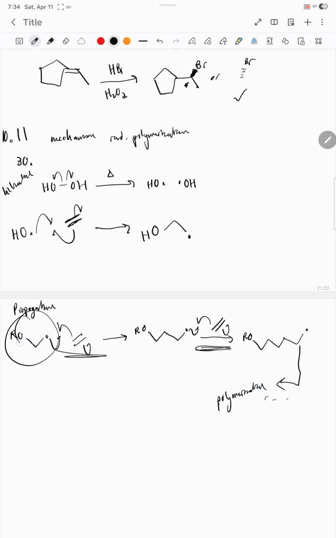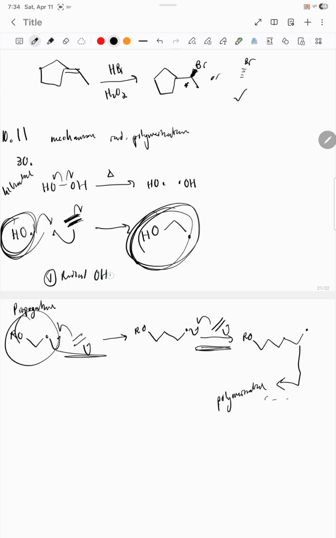Well, we started off with an alkene and a peroxide that broke off into a radical. So what we learned is we could start off with a hydroxyl radical and react it with an alkene and keep on building and building until we get a long chain of our desire.